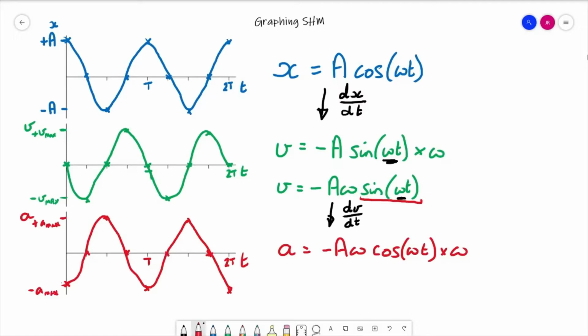Now because we've got an omega there and we've already got an omega there, what we end up with is a is equal to minus a omega squared cos of omega t.